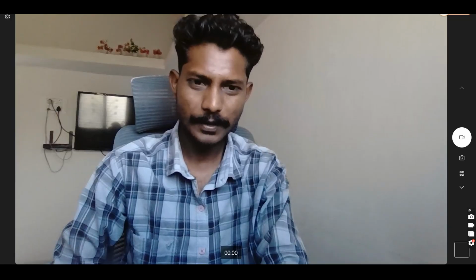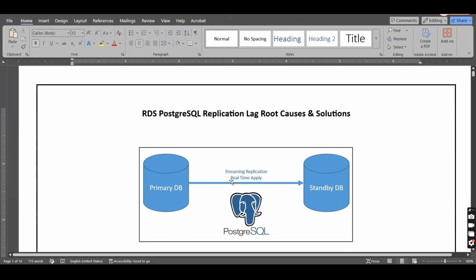First of all, we have already discussed replication lag. Whatever DB engine you are using, let's say PostgreSQL, MySQL or Oracle, whenever you want to perform the data transfer between your DB instances, you will perform the process called replication.